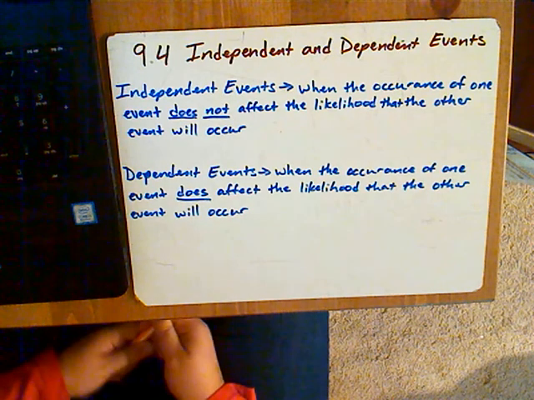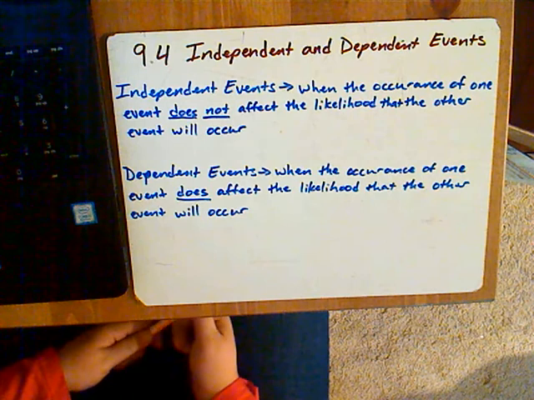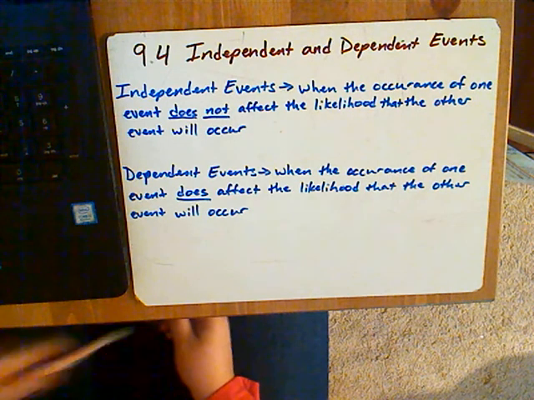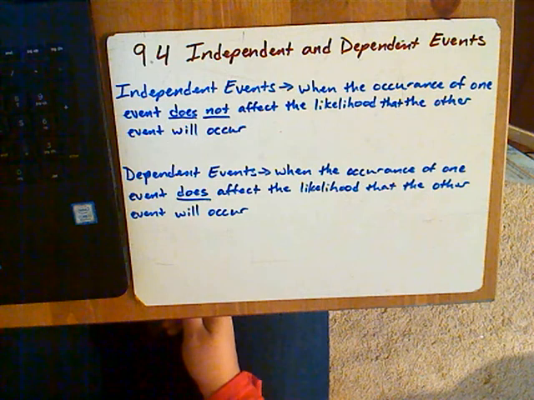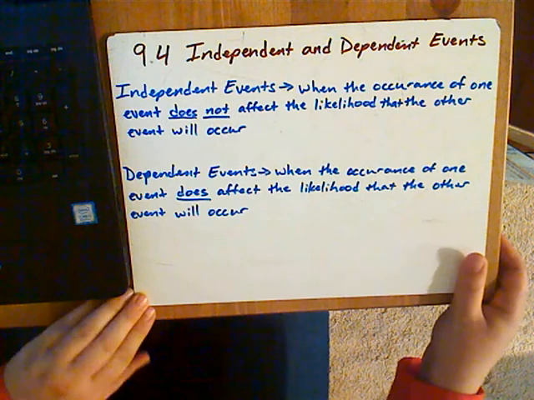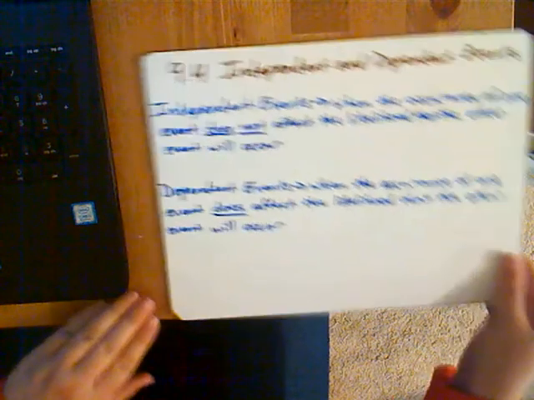So independent does not affect the likelihood of the other event. Dependent events, the occurrence of one event does affect the likelihood that the other will occur. So I will show you an example of this so that you can see what that looks like when we talk about independent and dependent events.